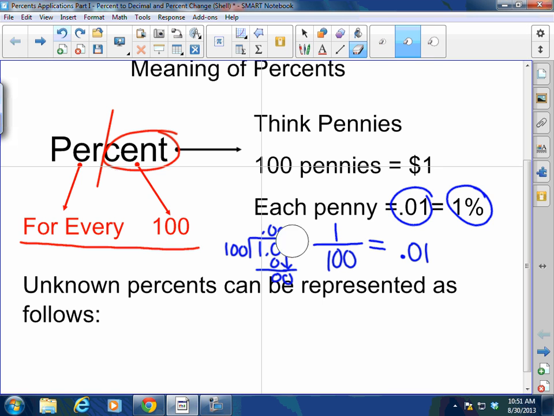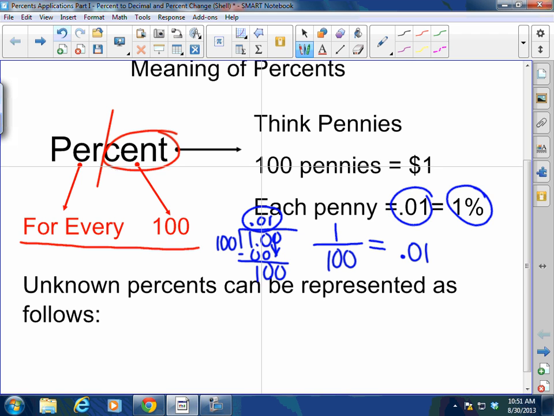Sorry about that, it's 100 into 1.0. 100 goes into 10 0 times. Sorry, I shouldn't have tried to speed through it. See, that's what happens when you speed through things. And 100 goes into 100 one time. So 0.01, 1/100th. So pennies are a great way to think about percents.